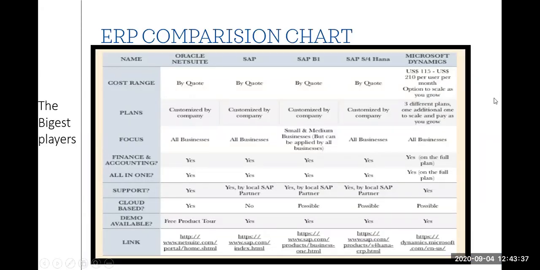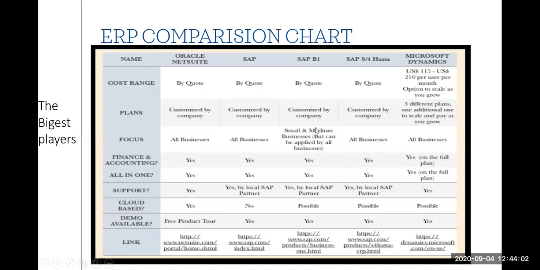ERP comparison chart. Basically, Oracle NetSuite, SAP, SAP B1, SAP HANA, Microsoft Dynamics. These are the leading international players. In India, we also have Tally.